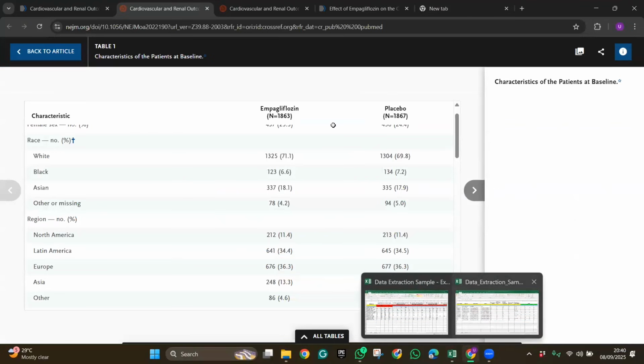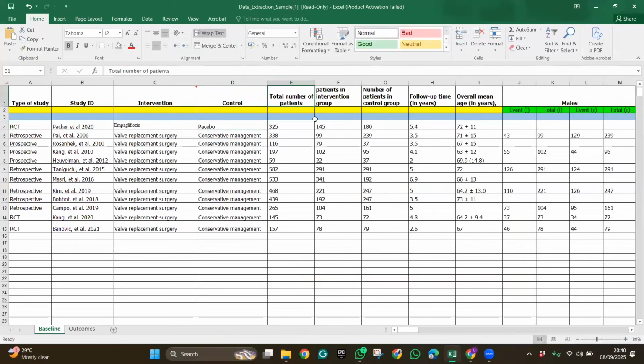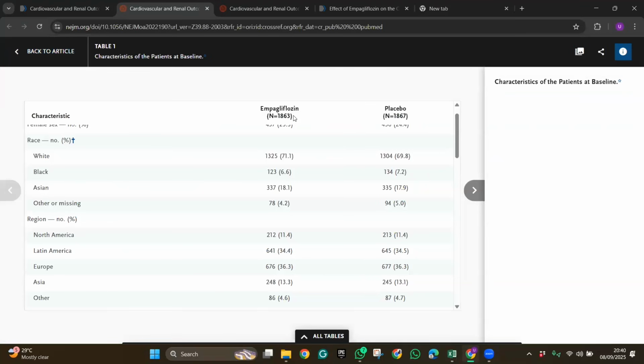Then moving on. Total number of patients. I told you guys in the baseline table, this N represents the total population of the intervention group. And this N, that is 1867, represents the total population of the placebo group, right? So if you add both of these values, you'll get the total population or the total sample size for the whole trial.